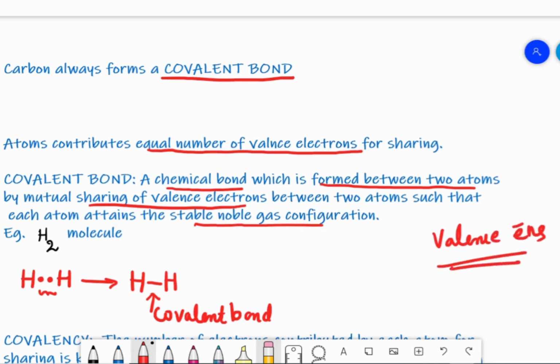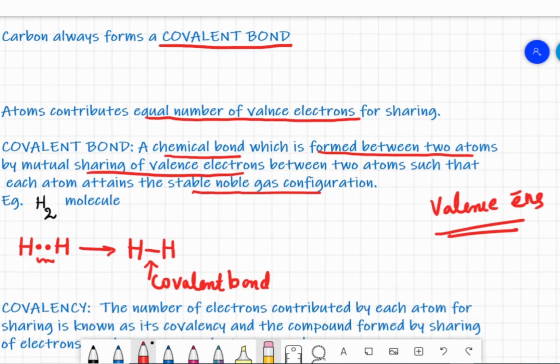Whenever you explain covalent bond formation, consider only the valence electrons, not the inner shell electrons, because the valence electrons always determine the valency. So we take only the valence electrons into consideration.